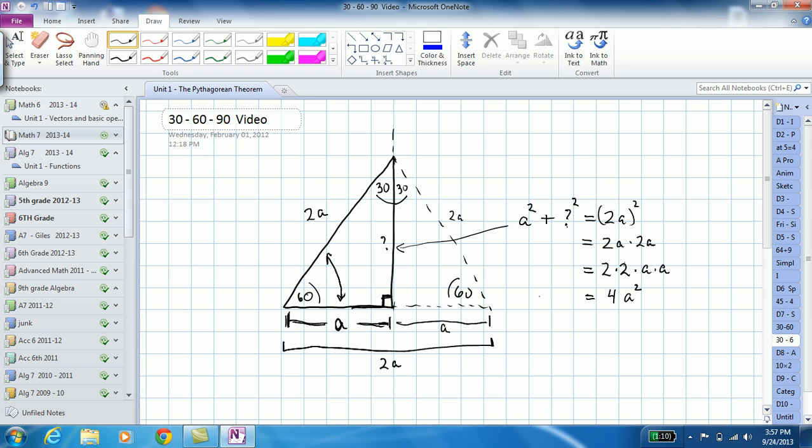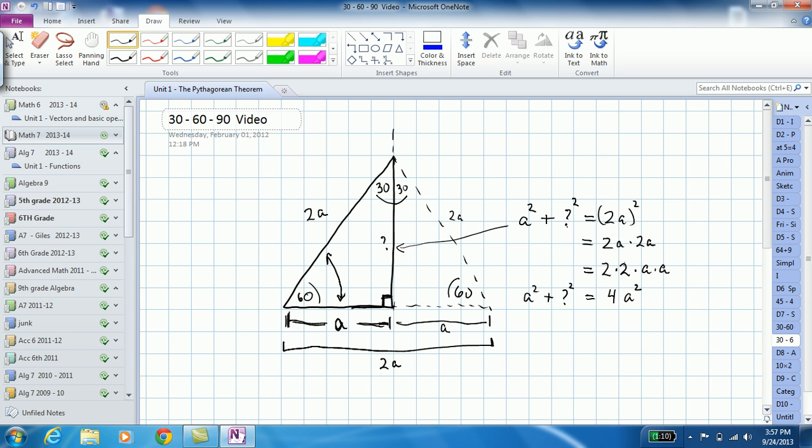So the Pythagorean theorem says that one leg squared, a squared, plus the other leg squared, the unknown, squared, equals 4a squared. So 1a squared plus something equals 4a squared.